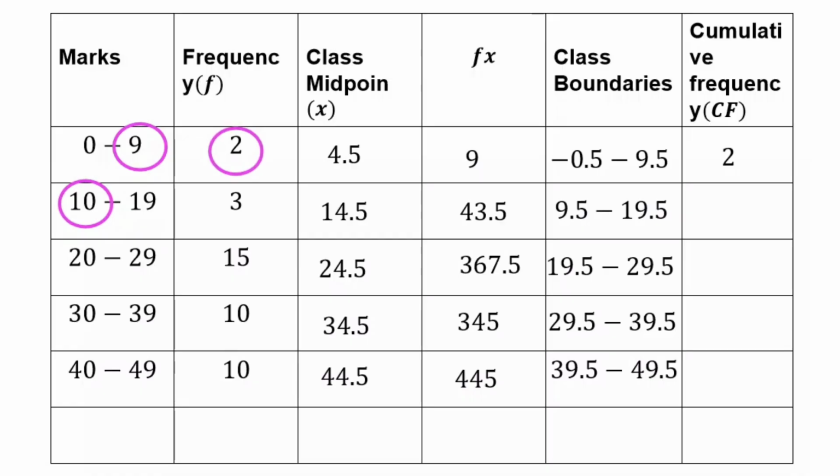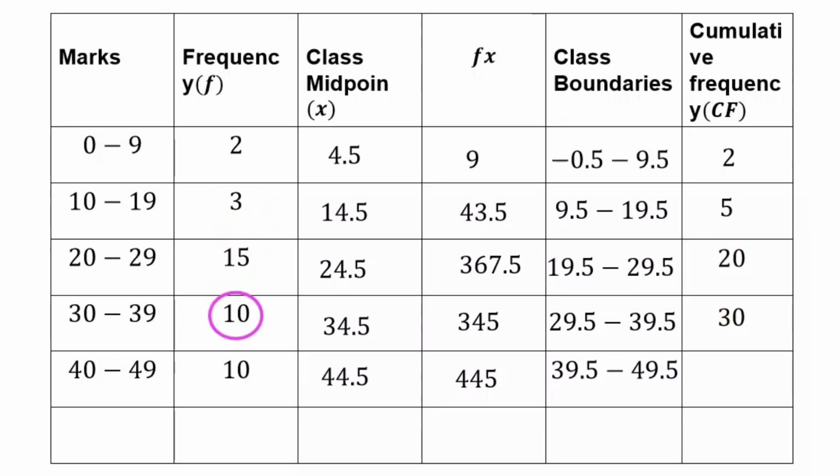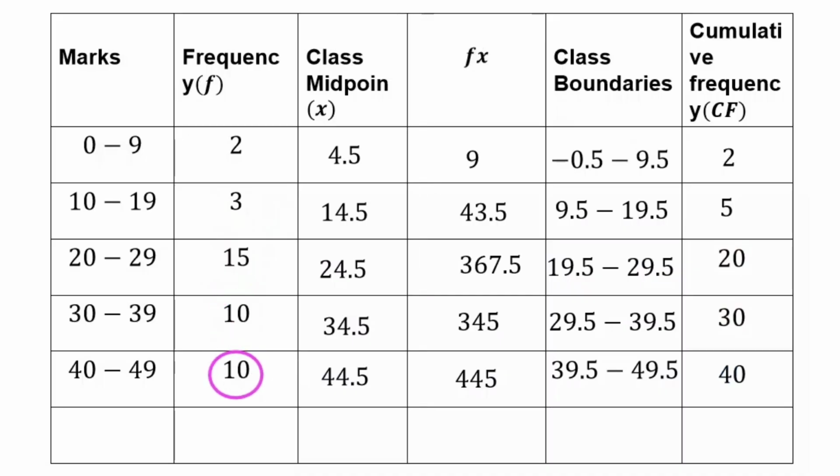We add the 3 to 2, making 5. Then we add the 15 to 5, making 20. Then we add the 10 to the 20, making 30. Then we add this 10 again to the 30, making 40 exactly. So that is how it is.